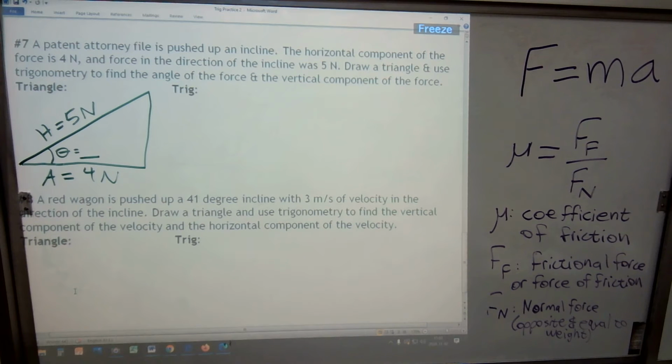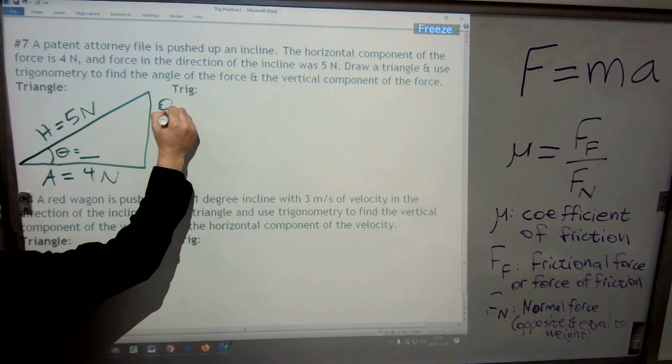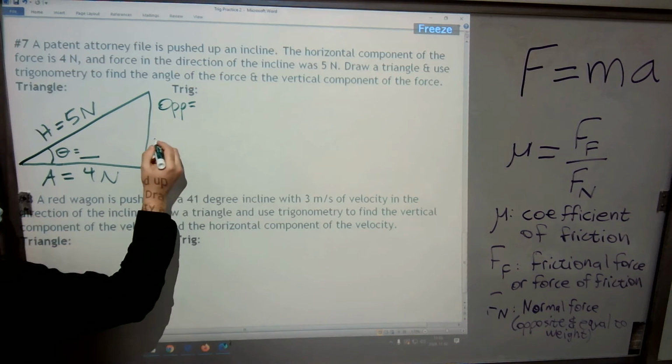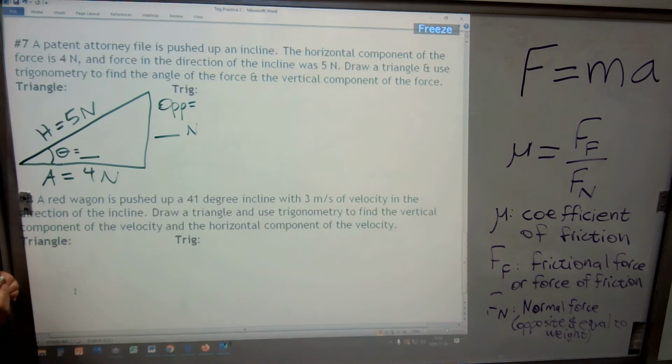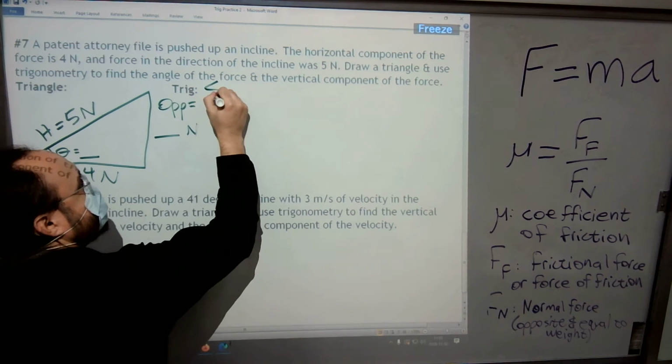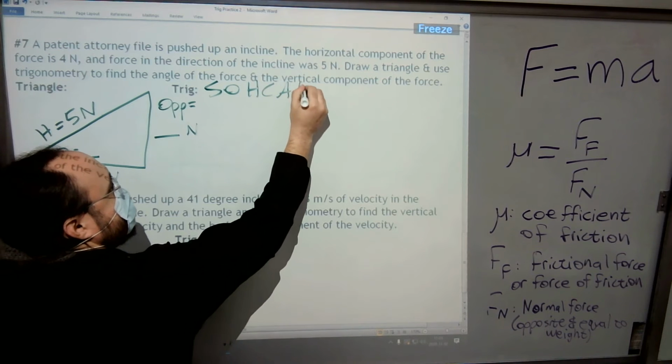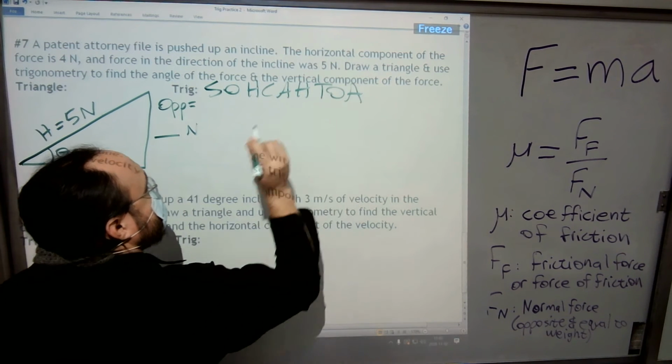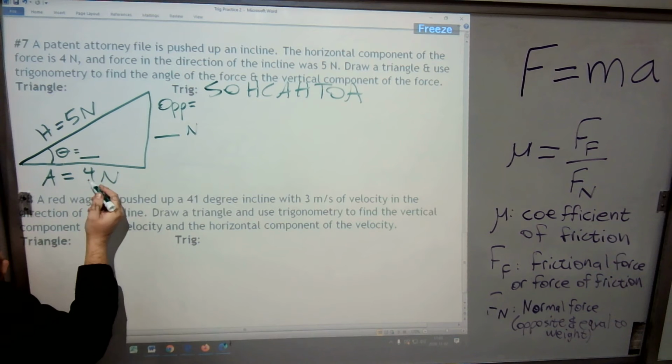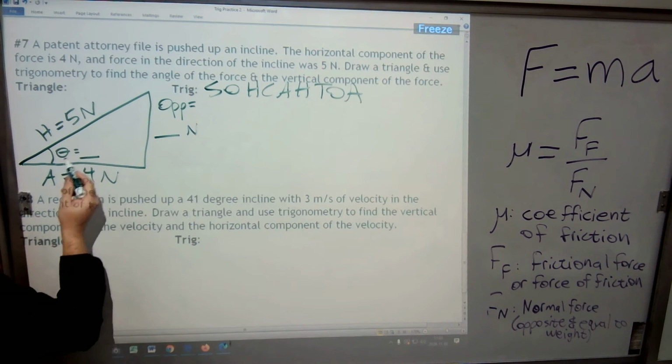Draw a triangle and use trigonometry to find the angle and the vertical component. This is the opposite side. We're going to figure out what that is pretty soon. Alright, so let's use SOHCAHTOA. We've got h, and we're going to use a. So according to SOHCAHTOA, we're using h and a to find the angle.